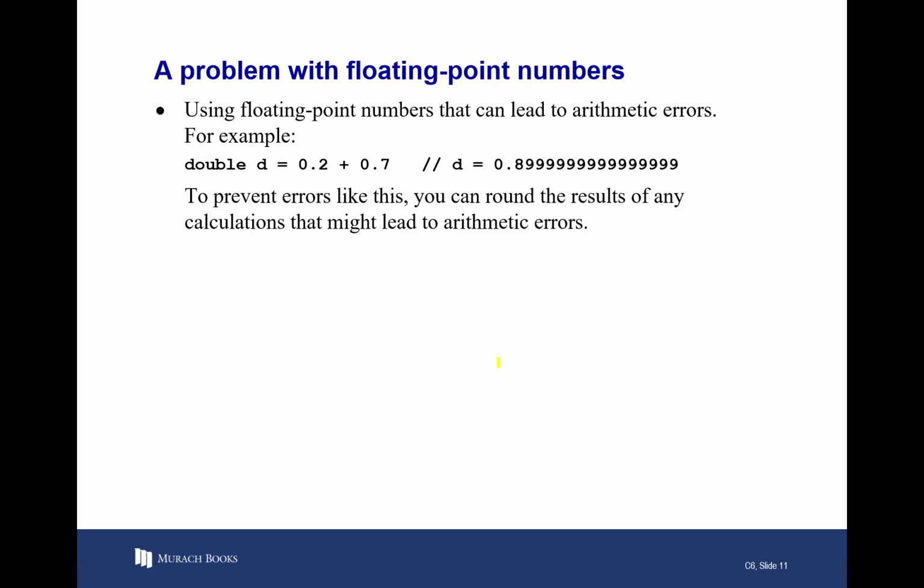To prevent errors like this, it's always better to round the values using a round function to get the final output. But sometimes it does give you an arithmetic error.